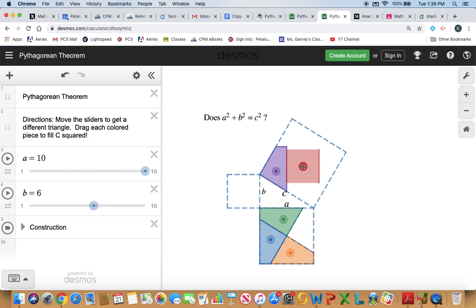And again, we should be able to fit all of these in here and prove that even though we have a different triangle, it still has a right angle, and we can fit the sum of this side and this side into this side.